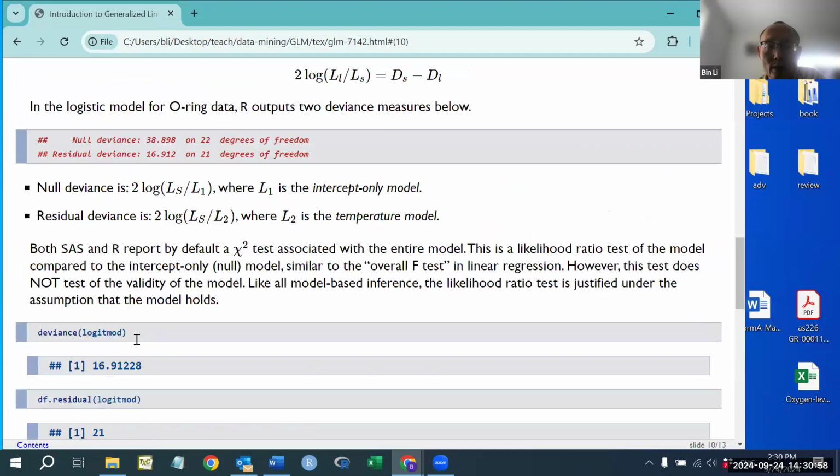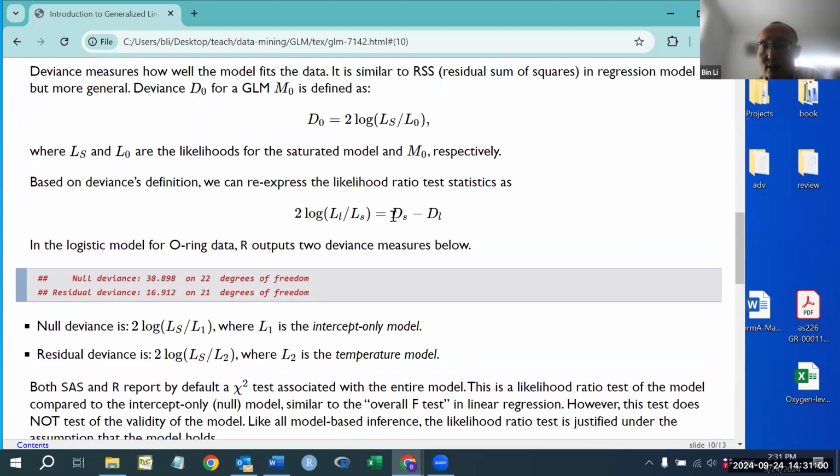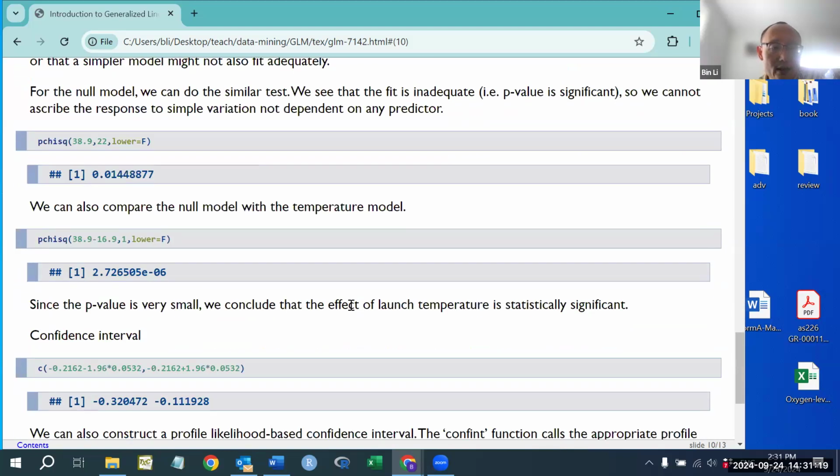Remember, the null deviance is using the intercept only model minus the residual deviance. So that is comparing the temperature model with the intercept only model. You see that? So then the degree of freedom is 1.